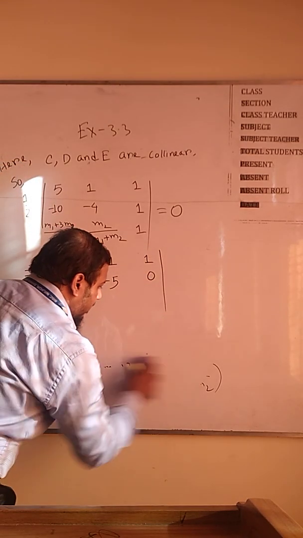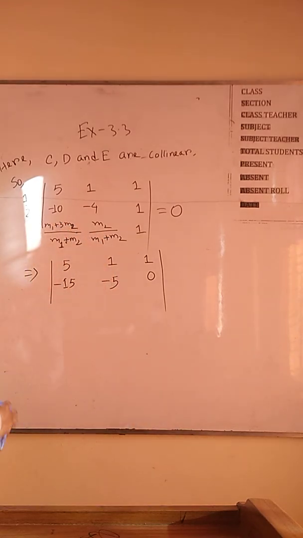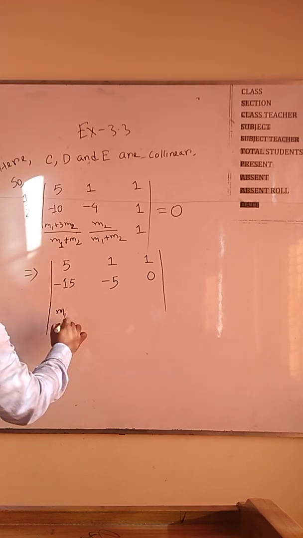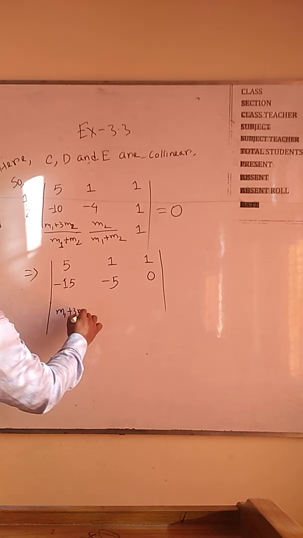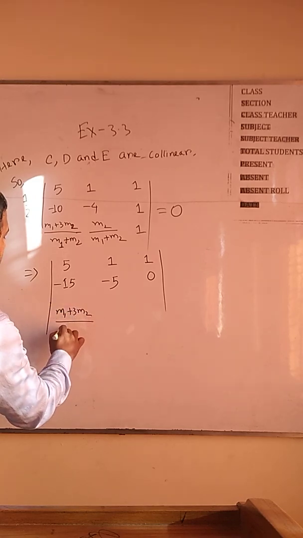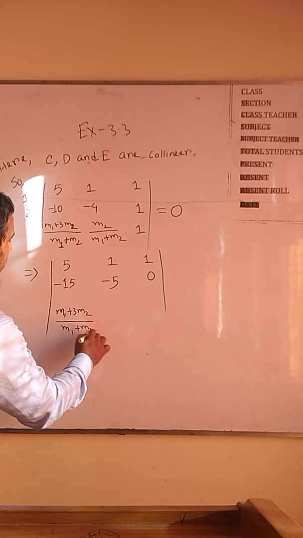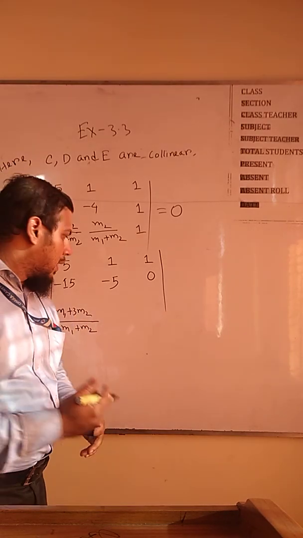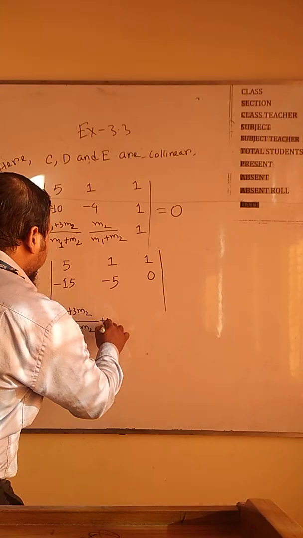Now, it should be carefully done. We have to subtract m1 plus 3m2 divided by m1 plus m2 minus -10. Minus -10 means it will be plus 10.